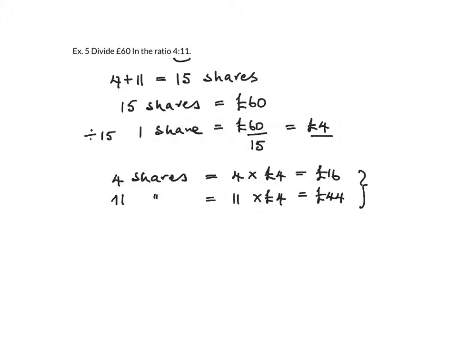Now, as a check, what we can do is add the 16 and the 44, and we get the original 60. So what we've done is correct. So the ratio then would be £16 to £44.